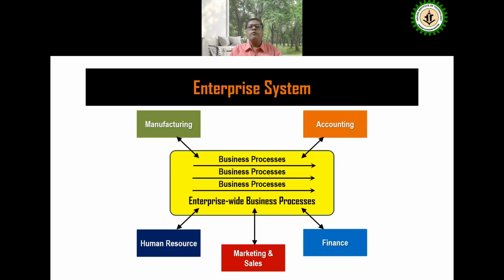So, this common platform used the common file format which is exchanged between each of the departments.